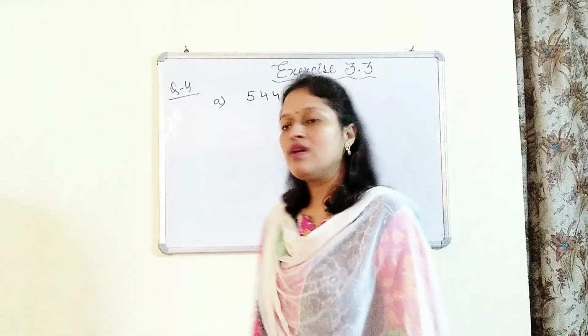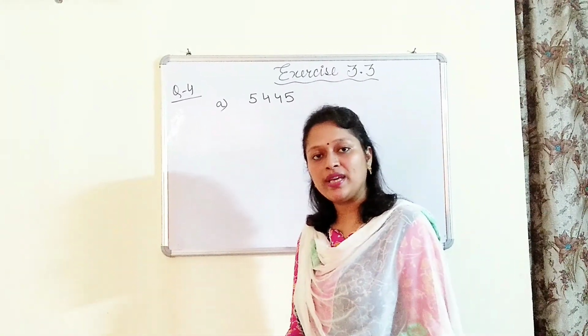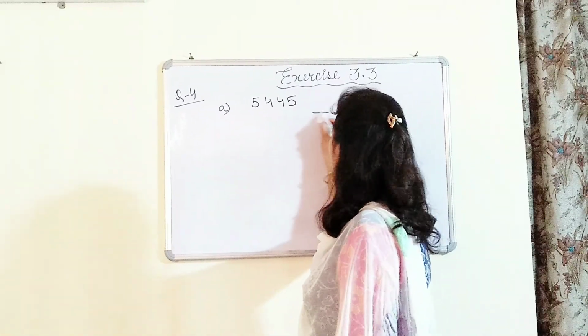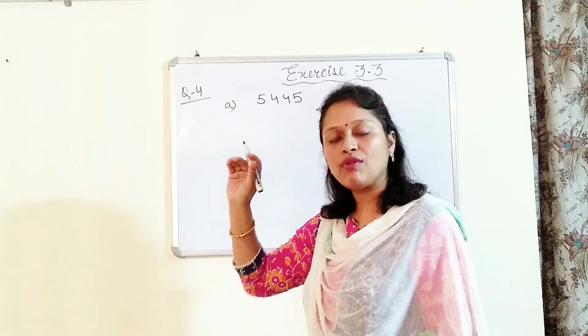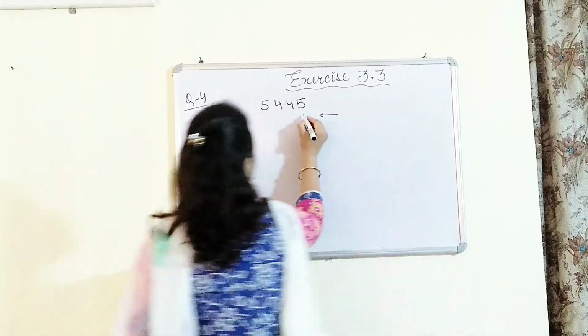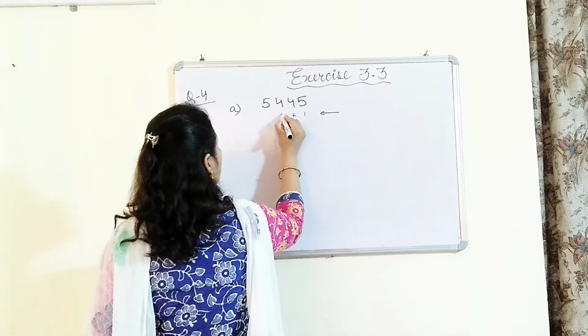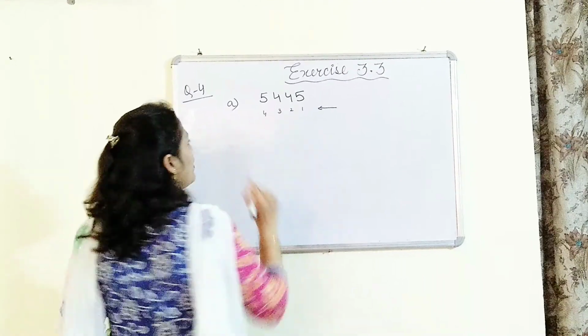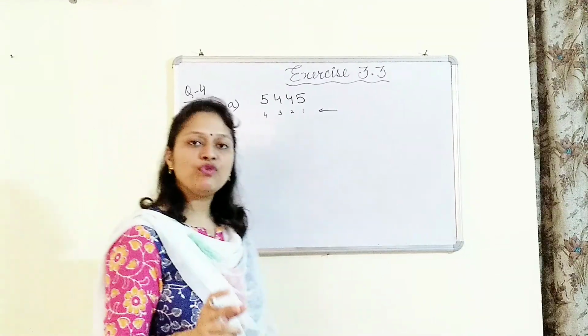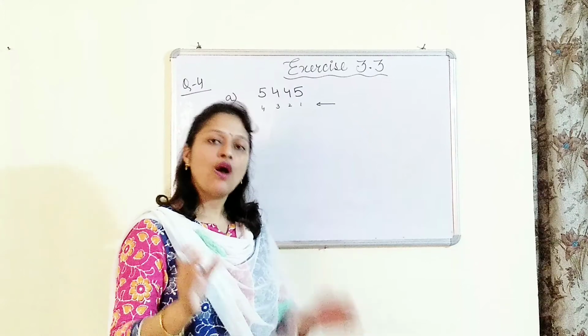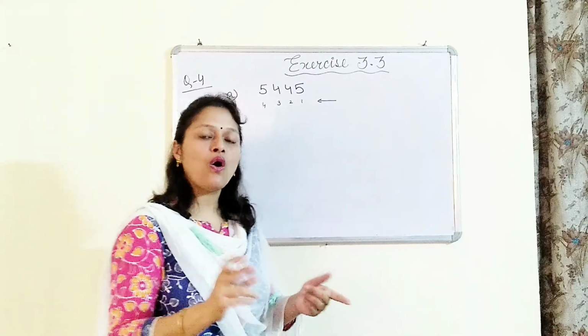So, the first thing you have to do is number the digits starting from the right side: 1, 2, 3 and 4. Next, you have to find the sum of the digits at odd places, not the odd digits.